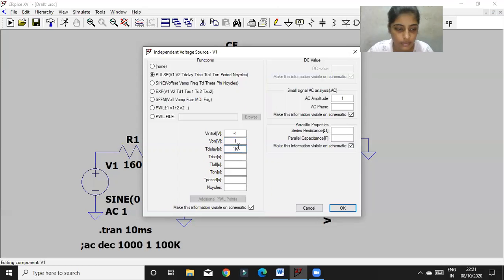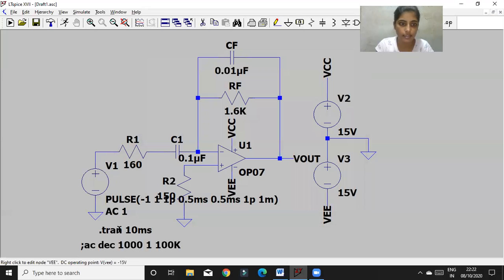T rise is my 0.5 ms, T fall is also 0.5 ms, T on time is 1, and T period is let's say 1. Okay, I select this.